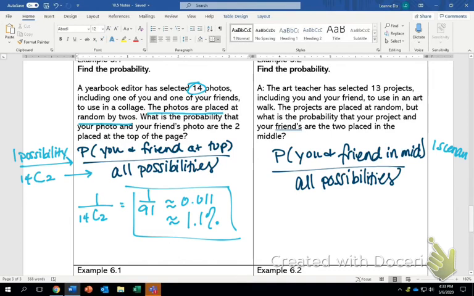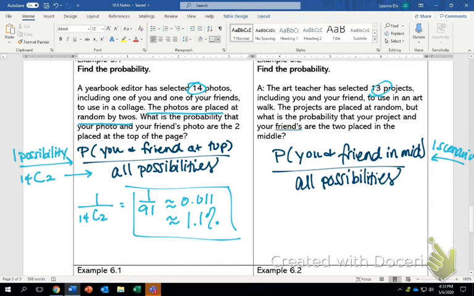And then out of all the possibilities, notice how in this particular case we have a total of 13, and it doesn't specify that we're pulling 2 or 3 or anything like that. So we're left with whatever we haven't used. Well, in this case, we used yours and a friend. So that's 2 that are no longer viable to be pulled.